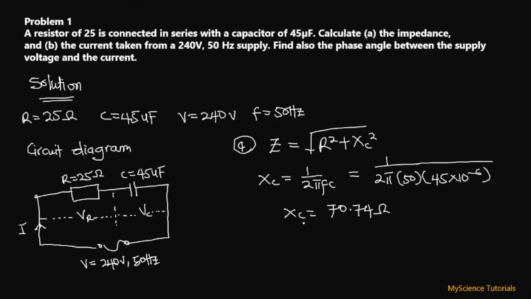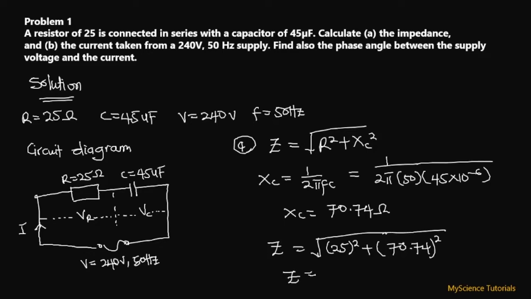Now that I have my capacitive reactance, I can go ahead and find my impedance. So Z, which is my impedance, is going to be the root of my resistance, 25 squared, plus my capacitive reactance, 70.74, also squared.